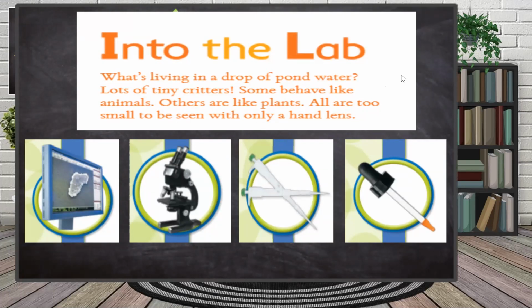So, a pond is a remarkable place to study, because it has a lot of very tiny things that you cannot see with your own eye. Even when you use the hand lens, you can't make them bigger. You need to use other tools to see the small things there.